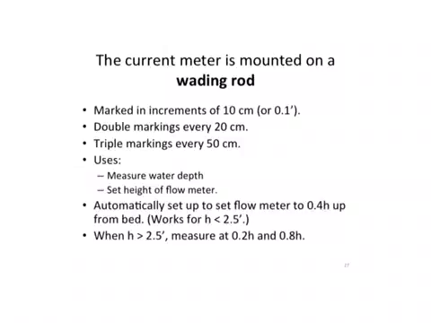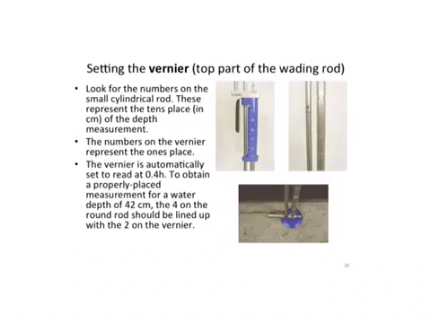But if you're measuring a very deep stream, rather than getting that one velocity point, it's often considered more accurate to measure velocity at 0.2 of the water depth and 0.8 of the water depth. And it's also easy to set the weighting rod to measure that.